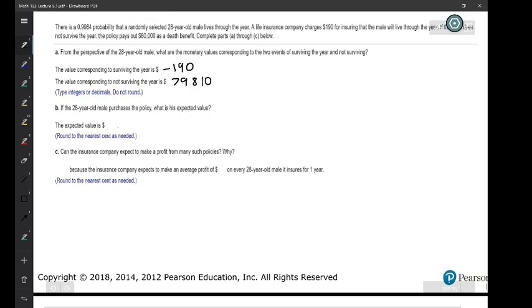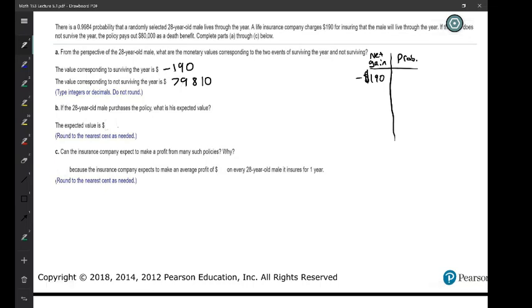We could come up with a chart of net gain and the probability. There's a net loss of negative $190, and that has probability 0.9984.